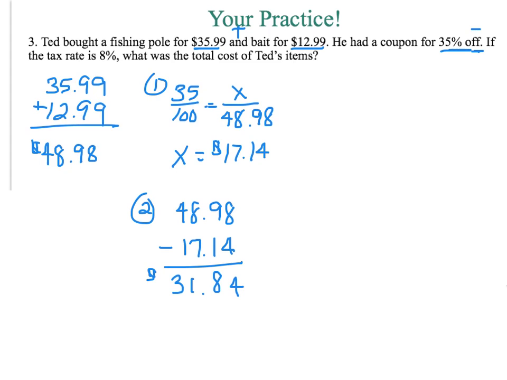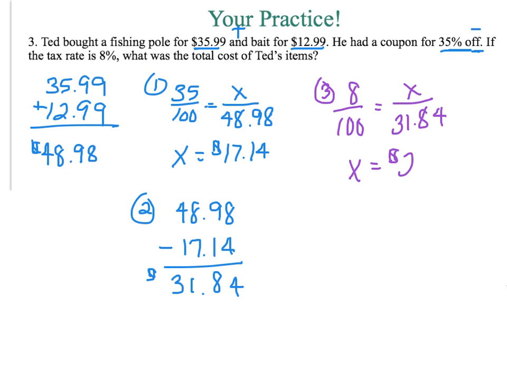$31.84. Next is our tax of 8%. He's only really paying $31.84. So we get x equals $2.55.